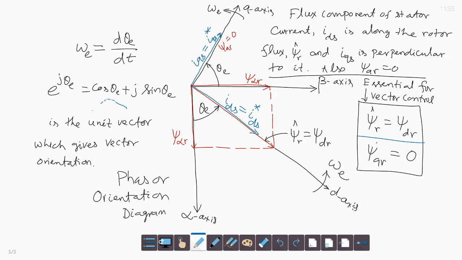No flux along the q axis, total flux along the d axis. So the unit vector e to the j theta e makes it possible to place I d s, the flux component of the stator current, along the d axis, and the torque component of the current I q s orthogonal to it. This is essential and possible only through vector control.